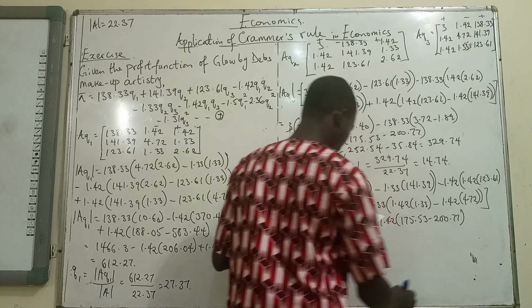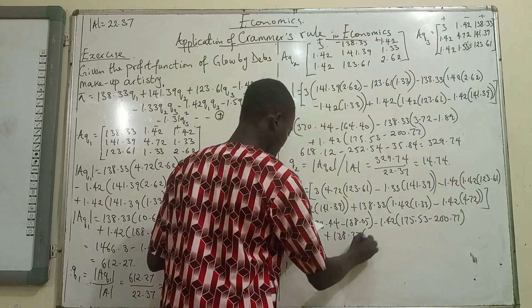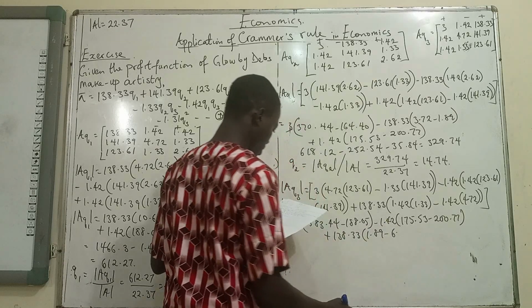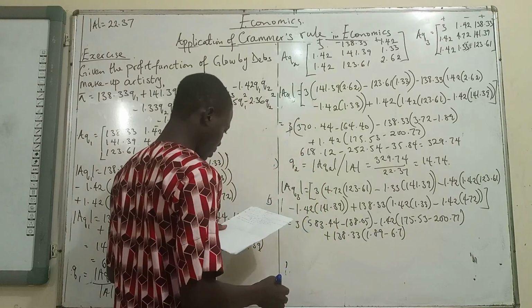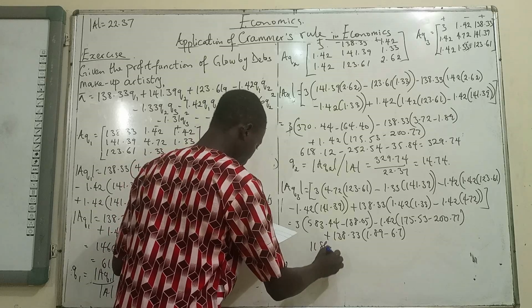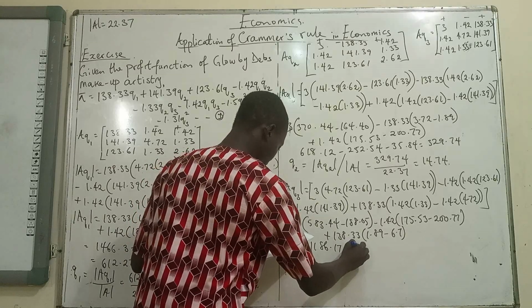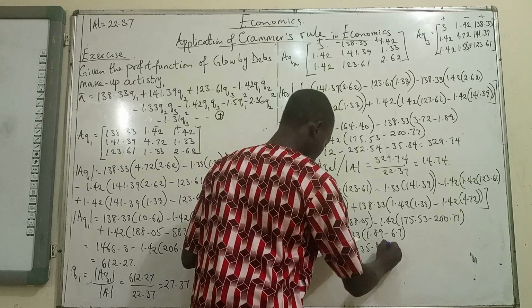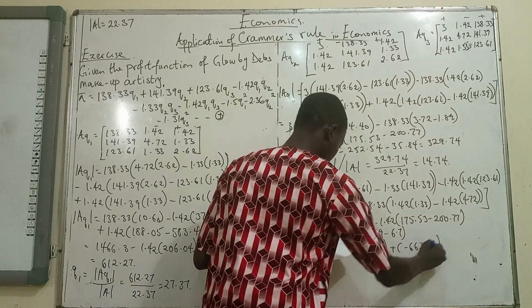You close the brackets, then plus 138.33 into bracket 1.89 minus 6.7. So at the end of the day, we'll be having 1186.17, then minus 35.84, then plus, minus 663.78.